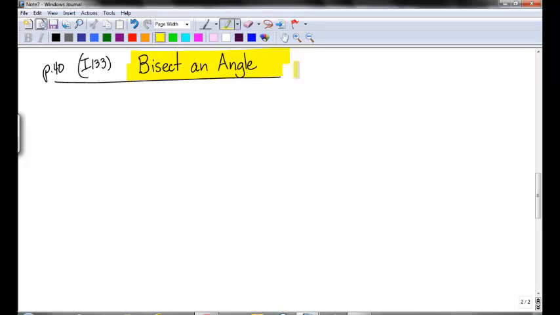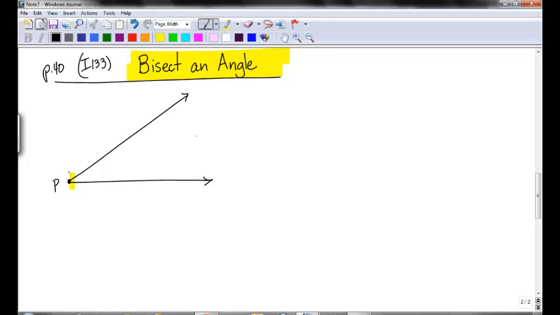So draw an angle first with your straight edge. Just draw an angle. Doesn't matter the size. Okay, label this as point P. Take your compass, put the point on P, and draw a large arc all the way through that angle.